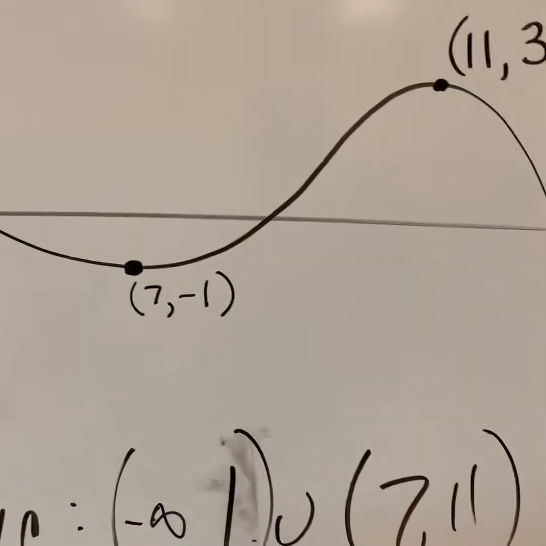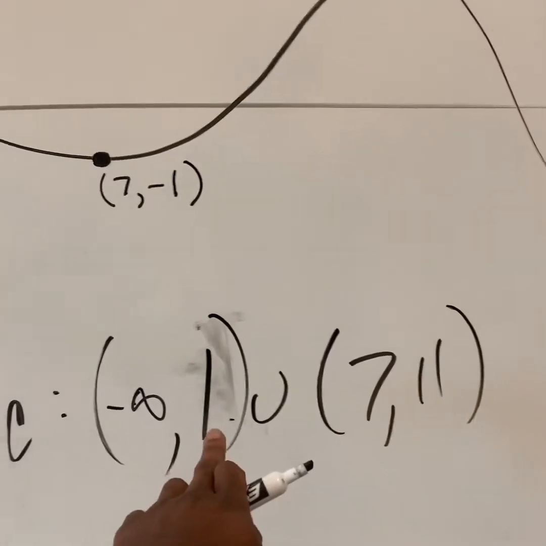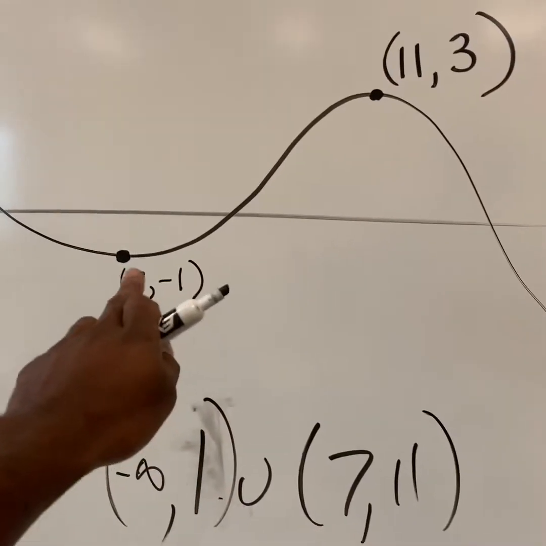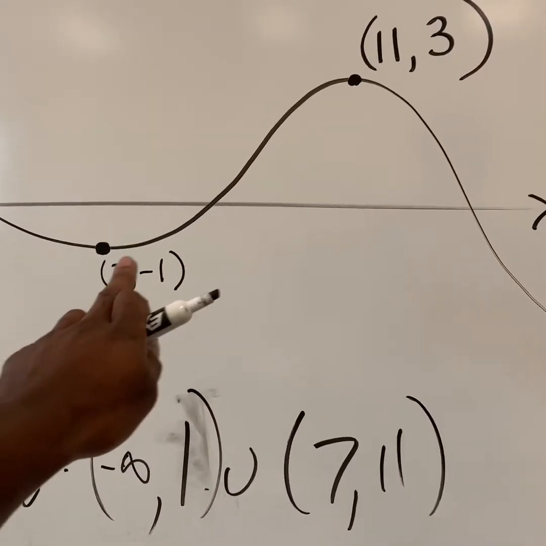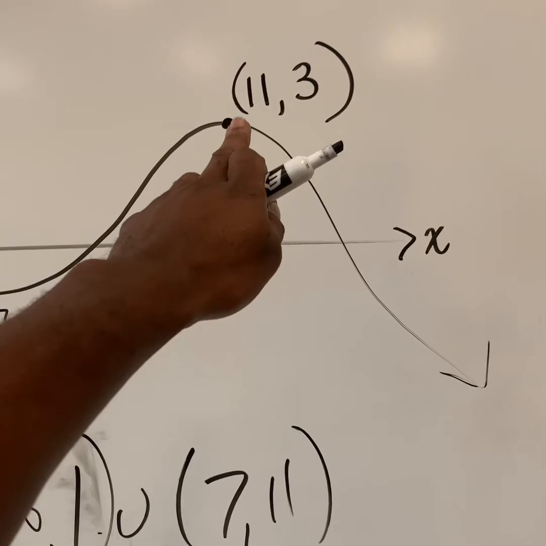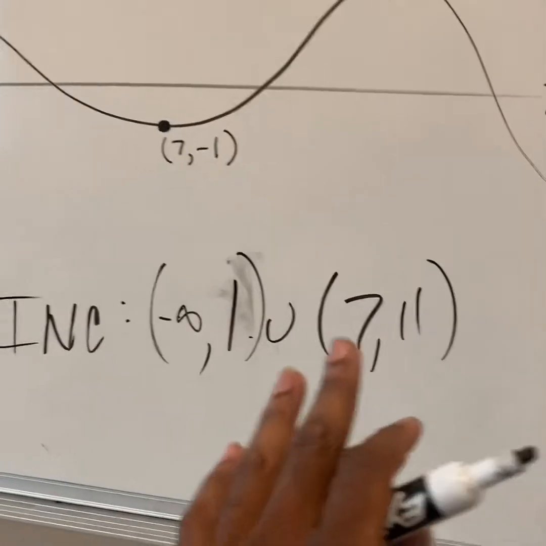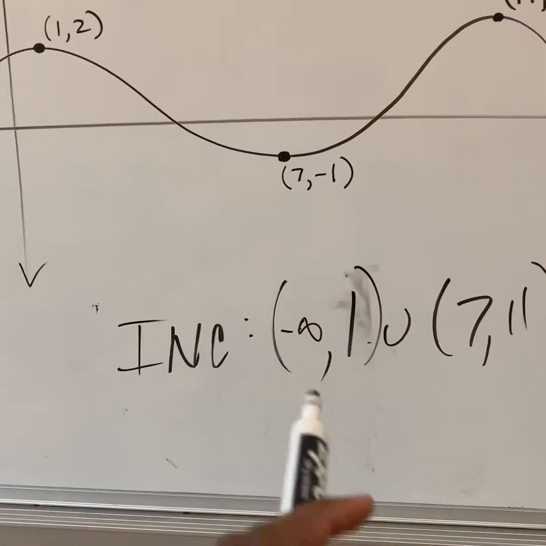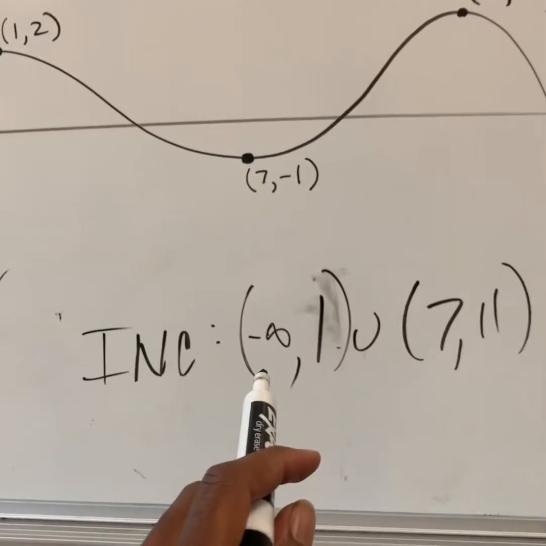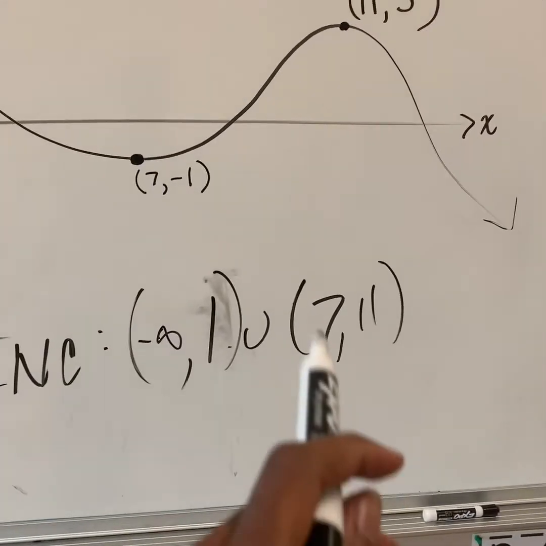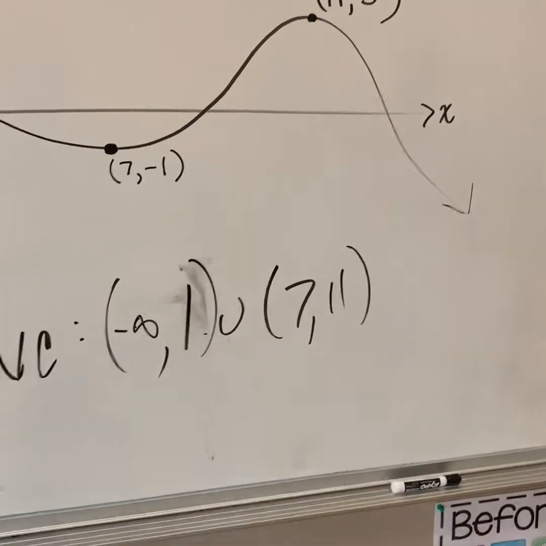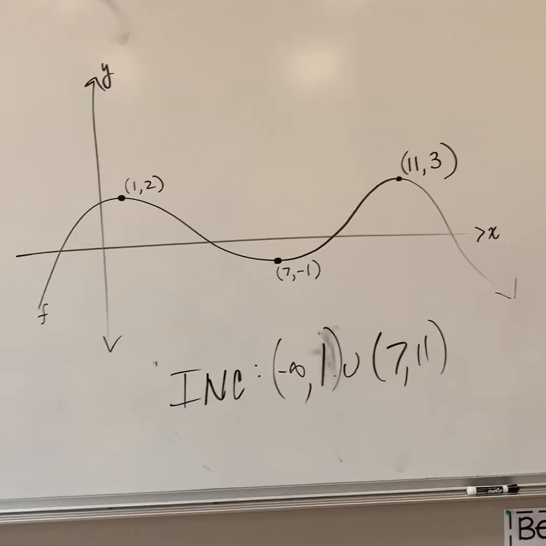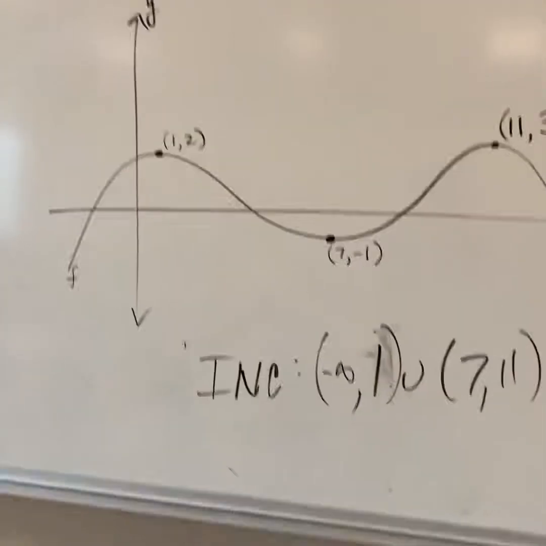We start increasing at negative infinity, but we stop increasing at +1. Over here, we started increasing at +7, and then we stopped increasing at +11. There it is. So my increasing intervals start at negative infinity to +1, and then the second time is from +7 to +11. And what I've written are the decreasing intervals and the increasing intervals.